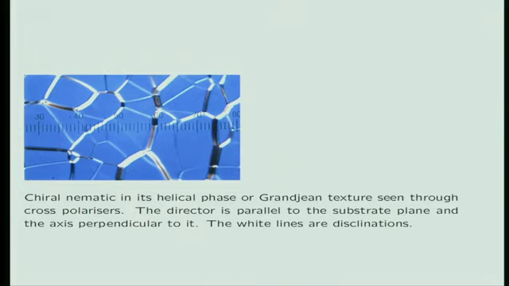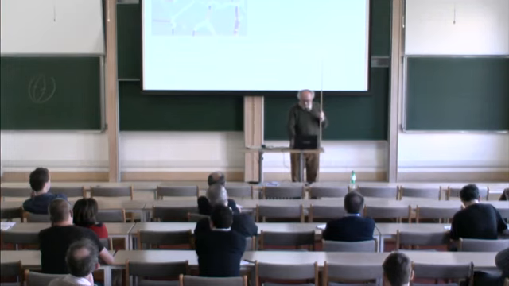These line defects correspond in cosmology to cosmic strings, and there's been a lot of activity in which people try to simulate phase transitions in which cosmic strings might have been created by considering liquid crystals. So that was an activity some years ago. It's less popular now because not many of us are so convinced by the existence of cosmic strings, but there you go.